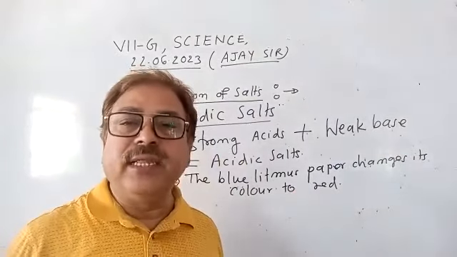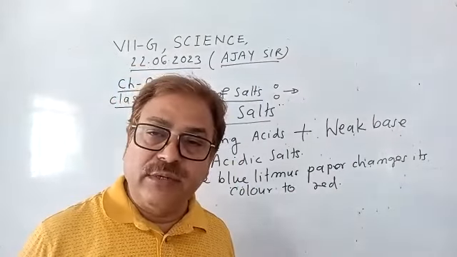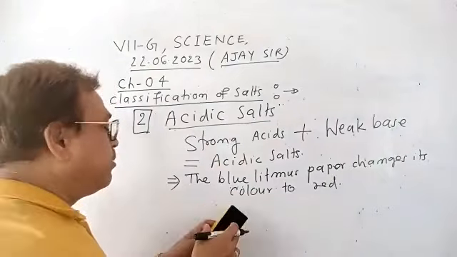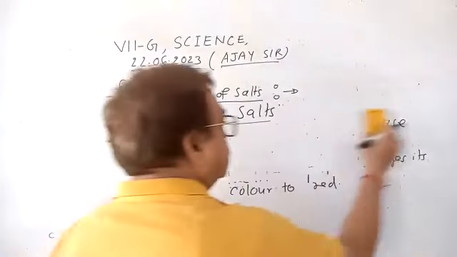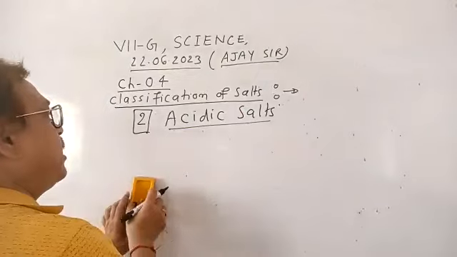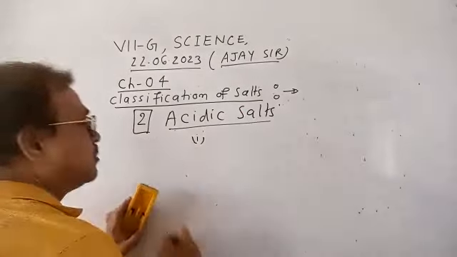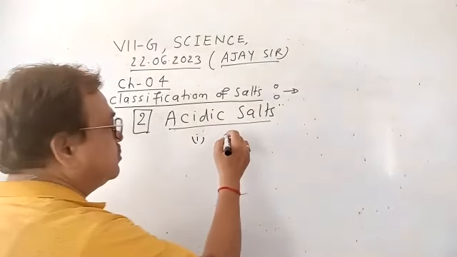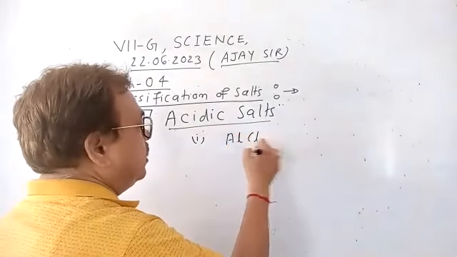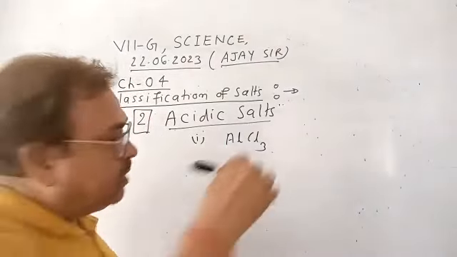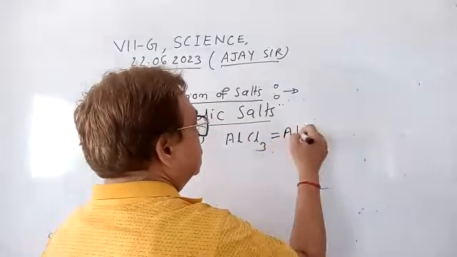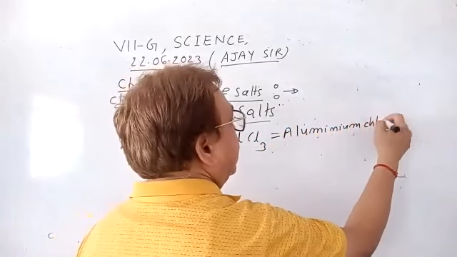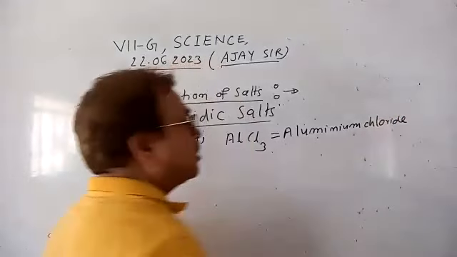First of all, write the names of the acidic salts which are very famous in chemical science. Number one is aluminum chloride, AlCl3.